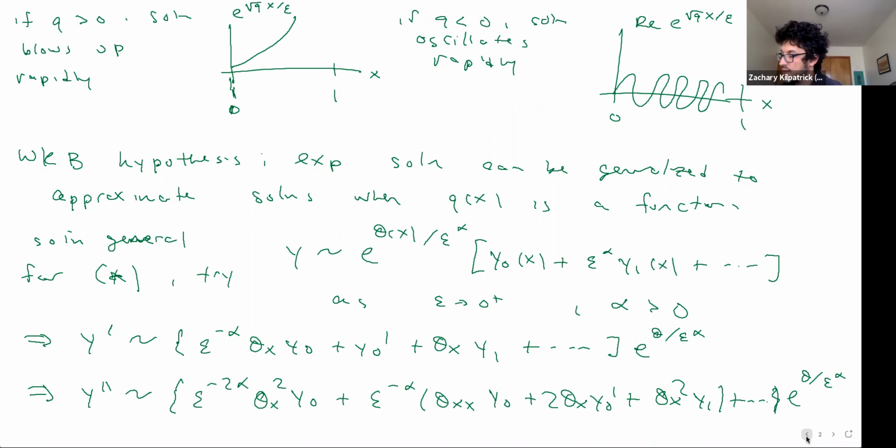Yeah, because method of multiple scales wouldn't specifically prescribe this as a solution, right? Method of multiple scales is not telling you that your solution has the form of a product of an exponential of some function and a regular perturbation expansion. So this is a much more restrictive approach than method of multiple scales.